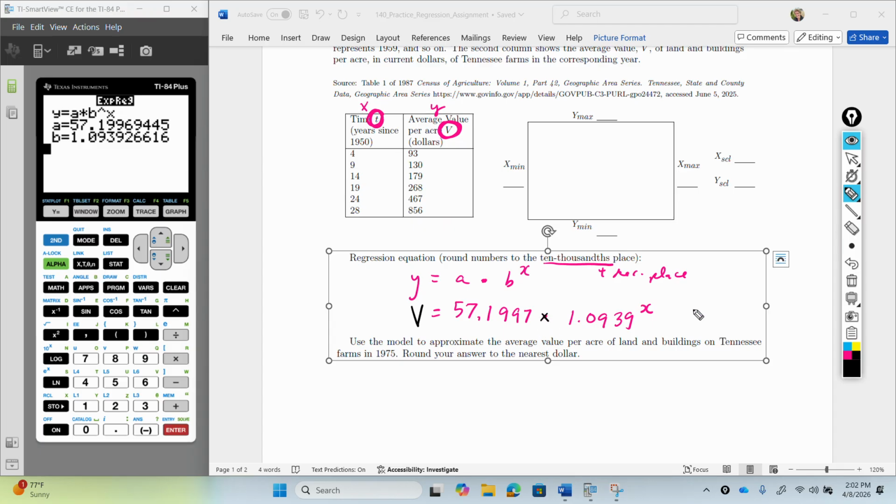And then I'm going to write a multiplication, and instead of an x, we have a t. And v is actually a function of t. So this is not v times t, this is v evaluated at t. So the regression equation that you would be expected to write, my function is v. It's a function with respect to t. So v, the value evaluated at the time, is equal to that.